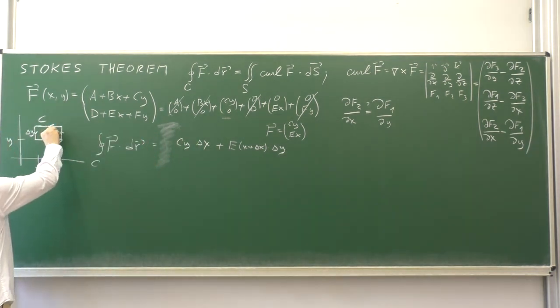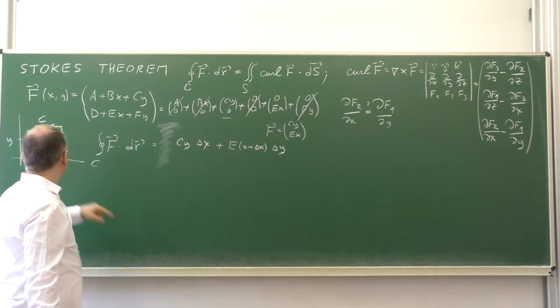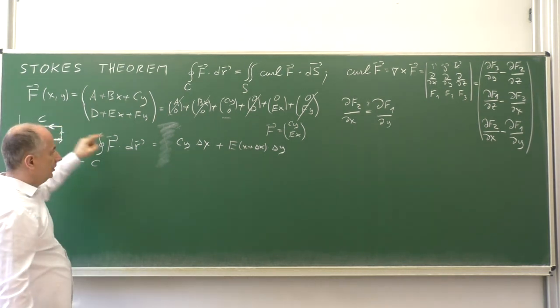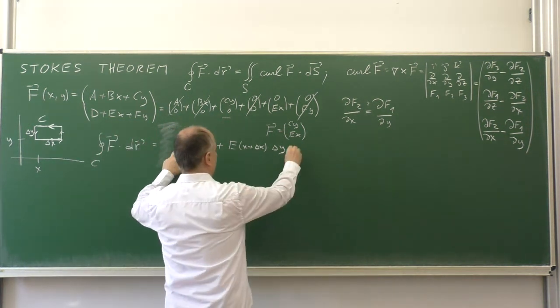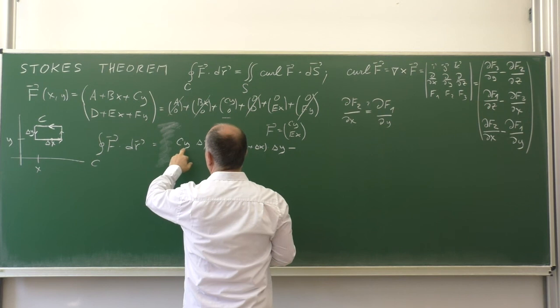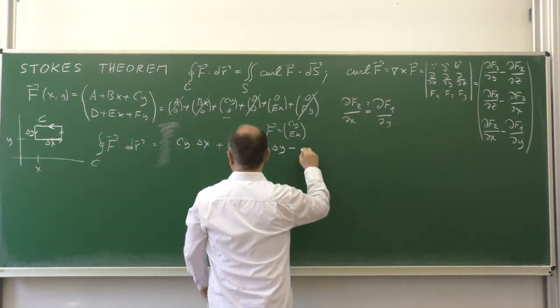Now, the third segment. This is very similar to this one, but we go to the left, so dx will have the opposite sign, so we have minus, and y is not y, but y plus delta y.